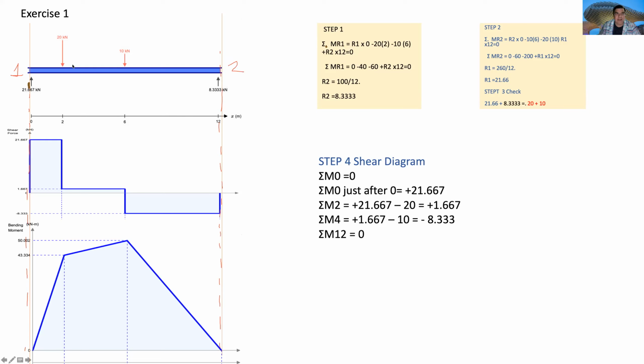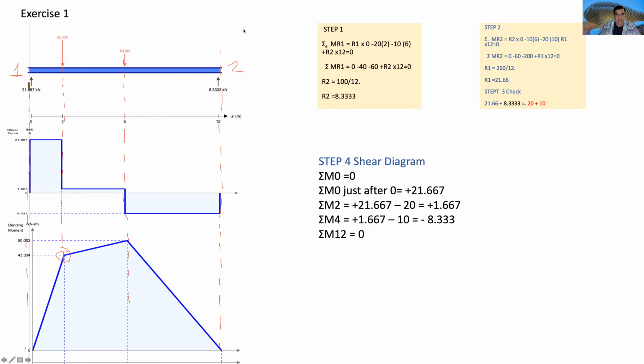And I will look where something happens, and look, something happens here because we have a force of 20. That means my diagrams will change at this point. And here we have 10, where we also need to do some dot lines. And those are the points where I will have changes. I know that changes will happen there.